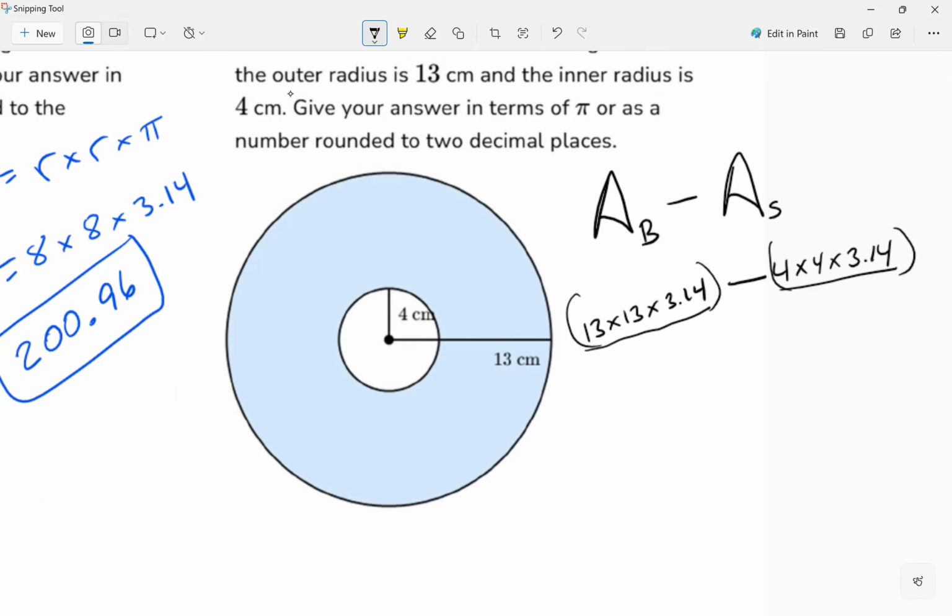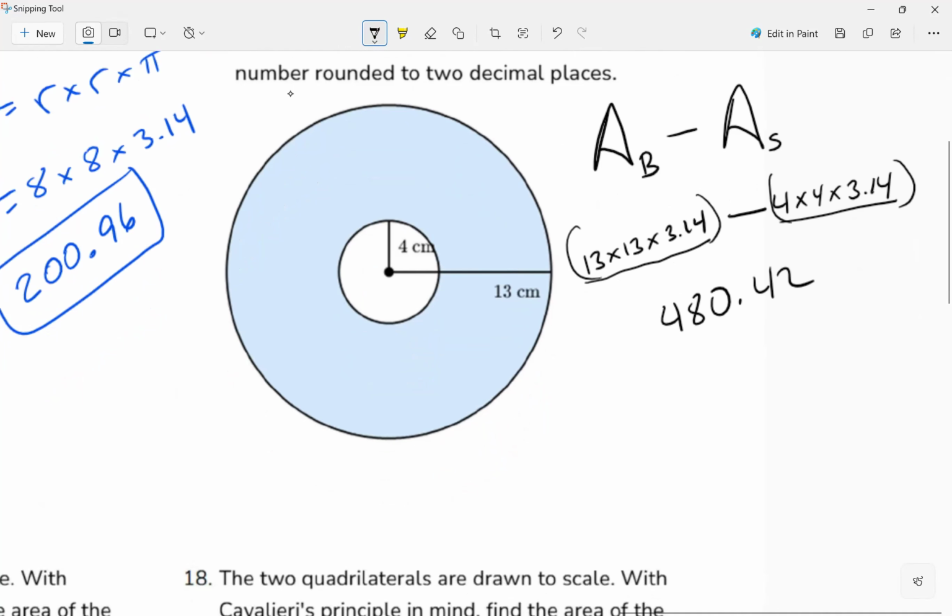My answer in this case will be 480.42. Now you might be asking, what if I use the pi symbol? I didn't use 3.14. I told my calculator to go 13 times 13 times pi minus 4 times 4 times pi. Well, your answer in that case is going to be 480.66.